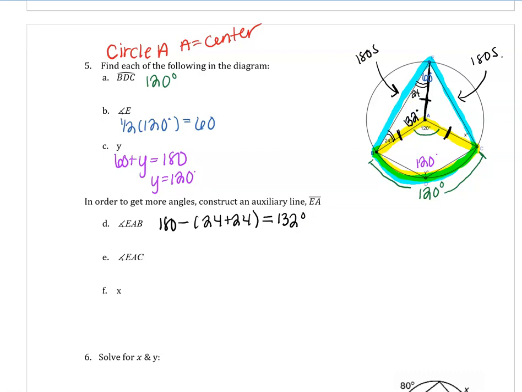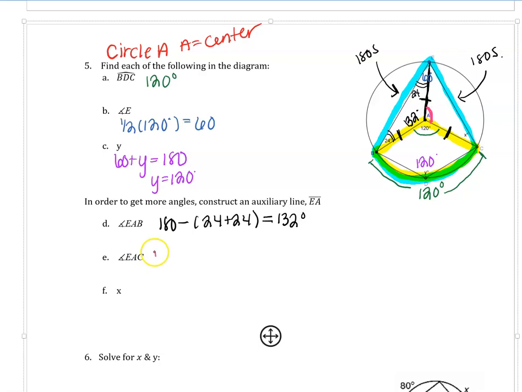Now, in order to find the measure of angle EAC, which is right over there, what I'm going to do is recognize that this is a full rotation of a circle, which means it's 360 degrees.